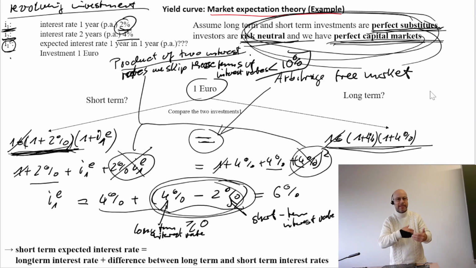So then the next step in our argumentation is we have a look at the yield curve. Maybe we find a situation with short-term interest rates higher than long-term interest rates. First point, market expectations are that short-term interest rates will decrease.